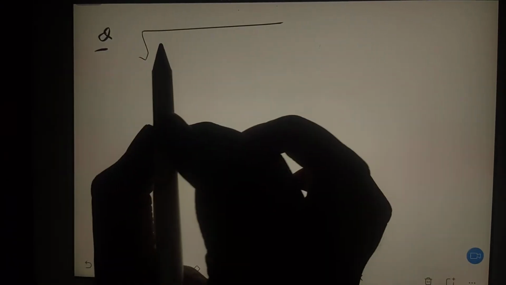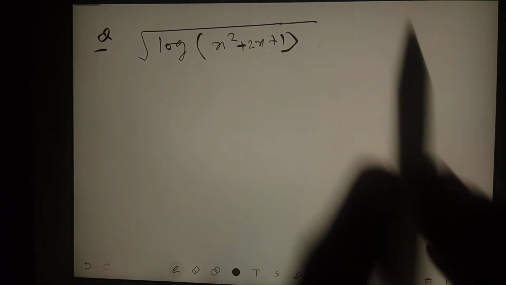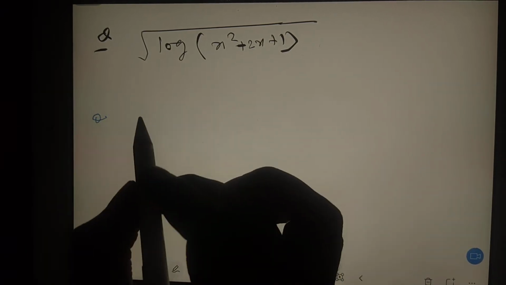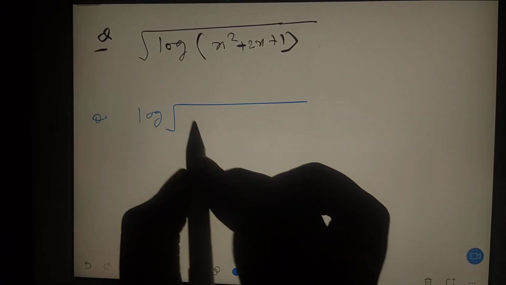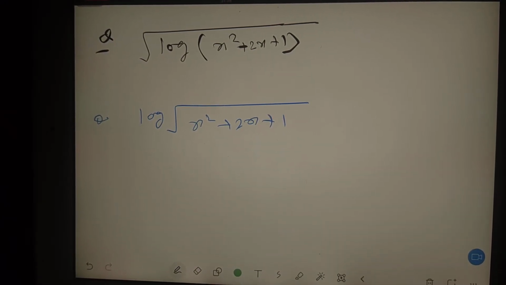For the same question, I will put log bracket x square plus 2x plus 1. Okay, this is one question. And another question, log under root x square plus 2x plus 1. See the difference in both the questions.